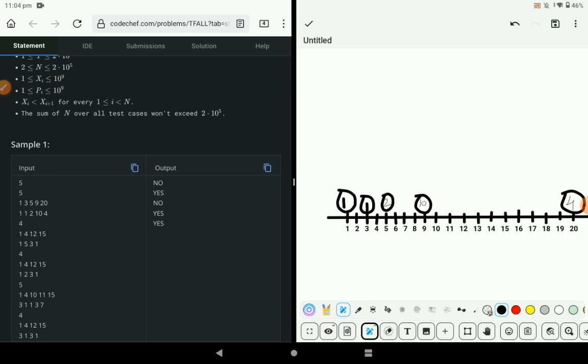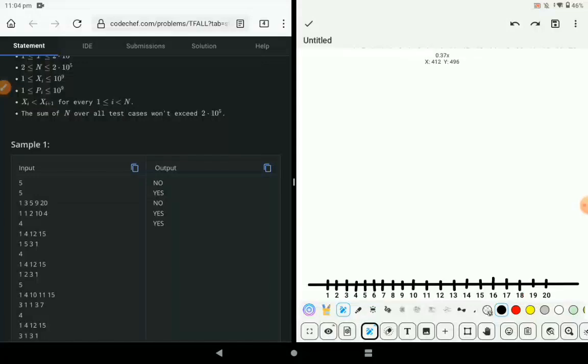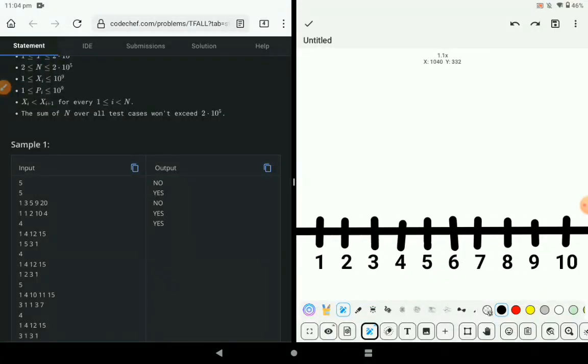So what we have to do is move the ball according to its power. For example, let's understand this with a small example. We have been given a ball at 7, and its power is, let's suppose, 3.